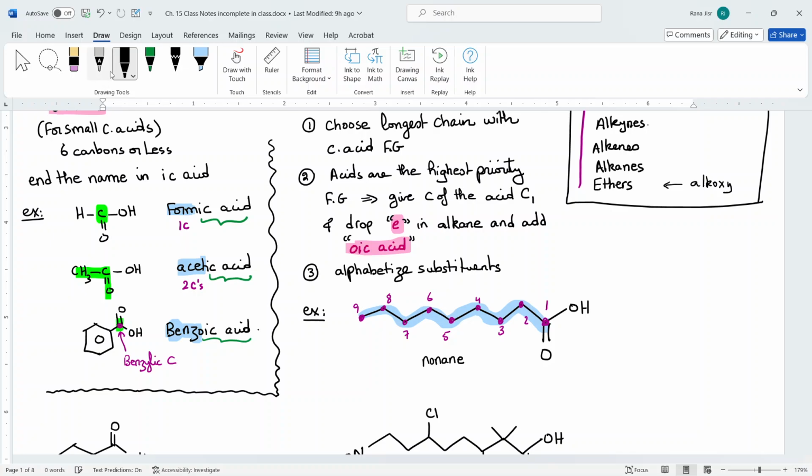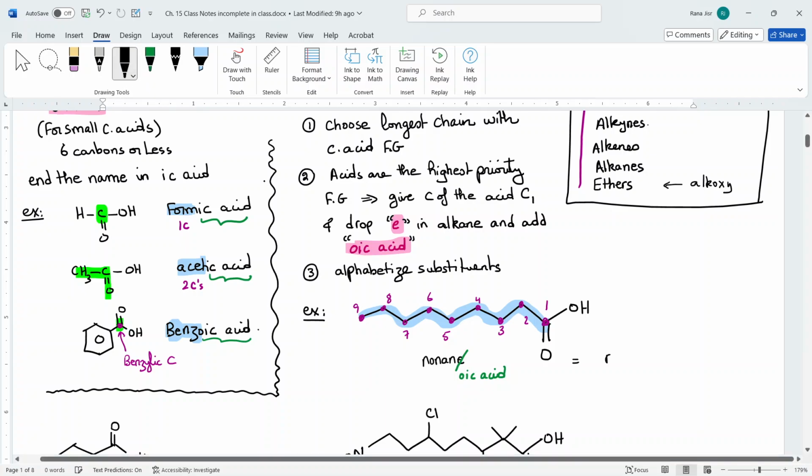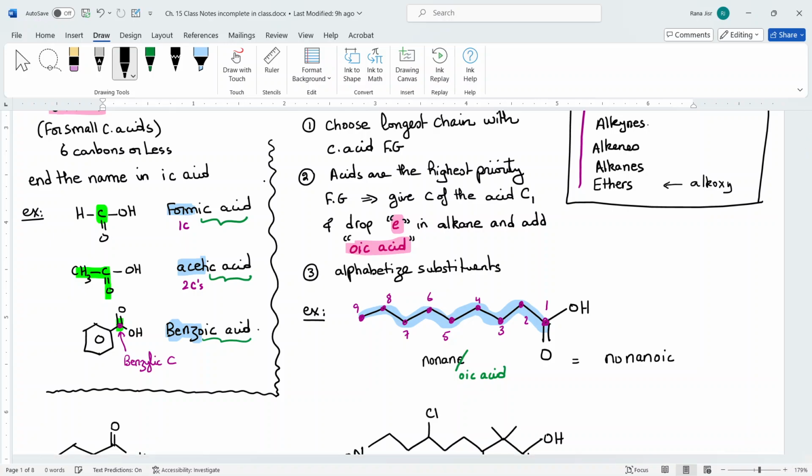And then we are going to drop the E as in the rules, and we're going to add oic acid. So in this case, the name is going to be nonanoic acid.